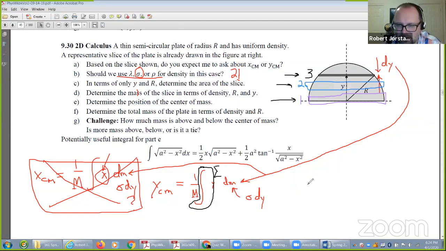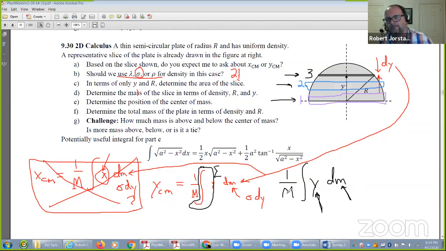That's what this integral is. The integral of y dm says, tell me the position, tell me your exam score, and then how much is it weighted? How much mass is actually at that height? So when you integrate that up and then divide by the total, you're taking a weighted average. The 1 over m is the averaging part. Hopefully that helps.